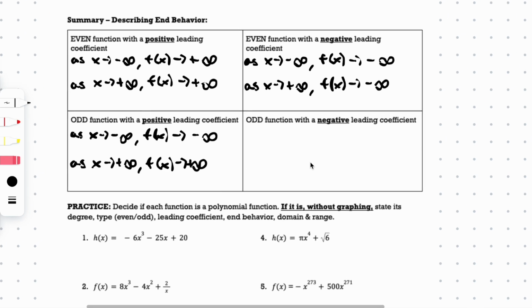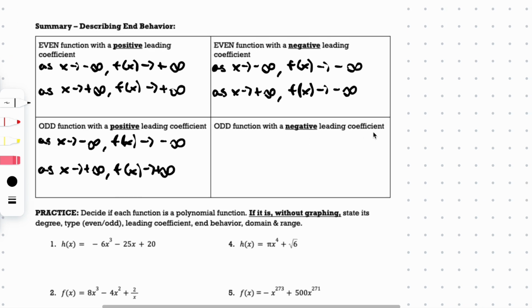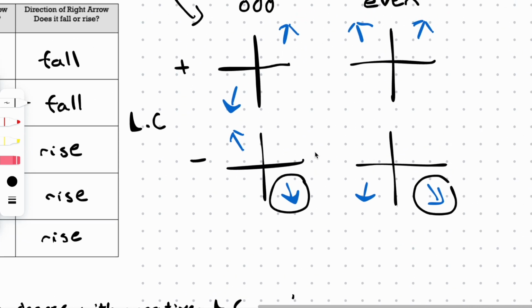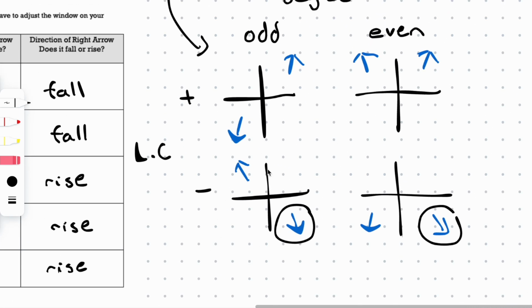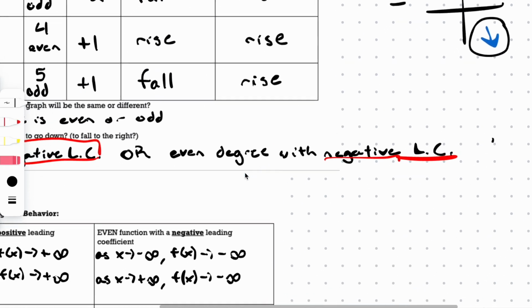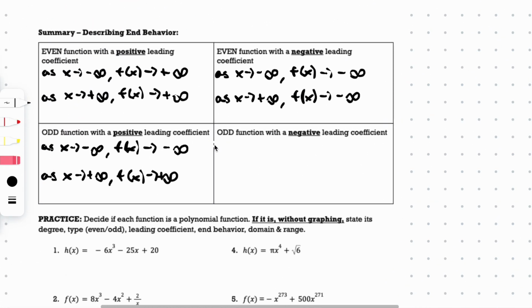Okay, so an odd function with a negative leading coefficient would be this graph right here. As x approaches negative infinity, our left arrow rises, so it's going towards positive infinity. So as x approaches negative infinity, f of x approaches positive infinity.